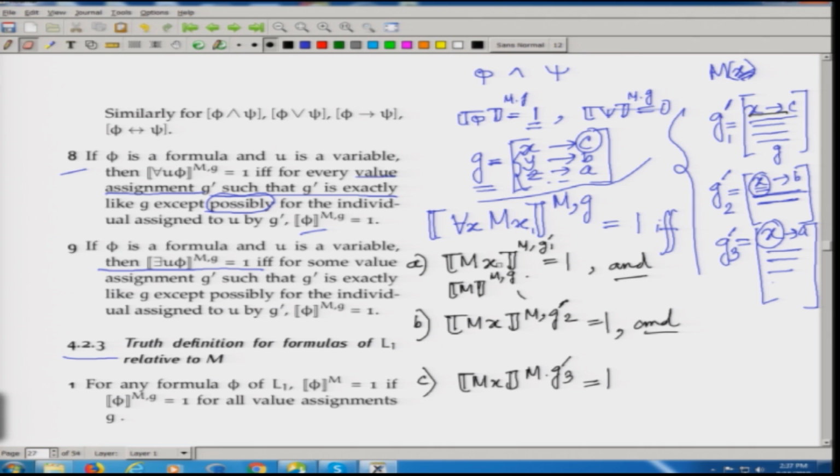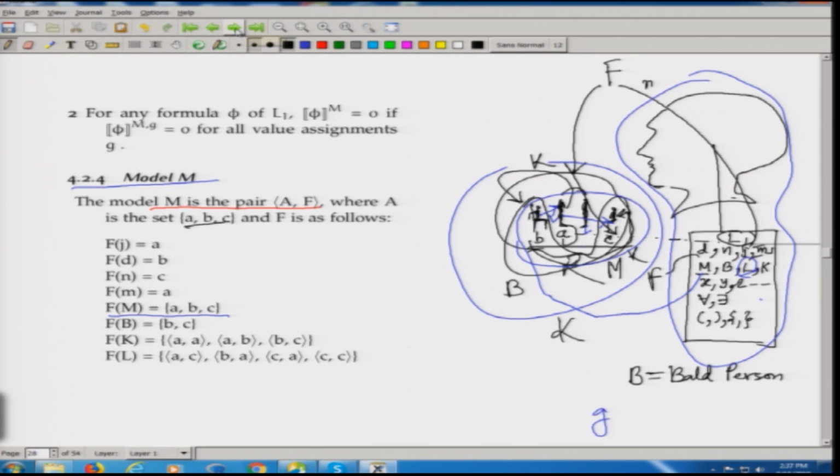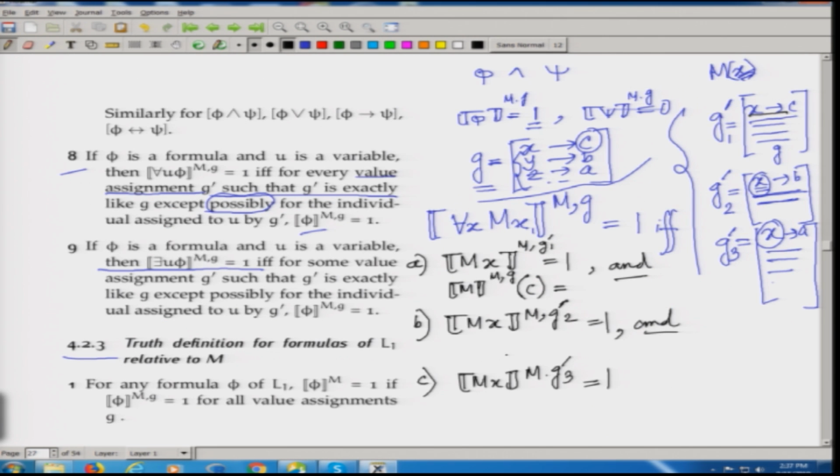We just directly write c. Is it 1? We check every time. Yes, m c is there in m. Therefore, it is 1. This is just checking informally whether this is the case. Yes, this is the case. We go to the second one.